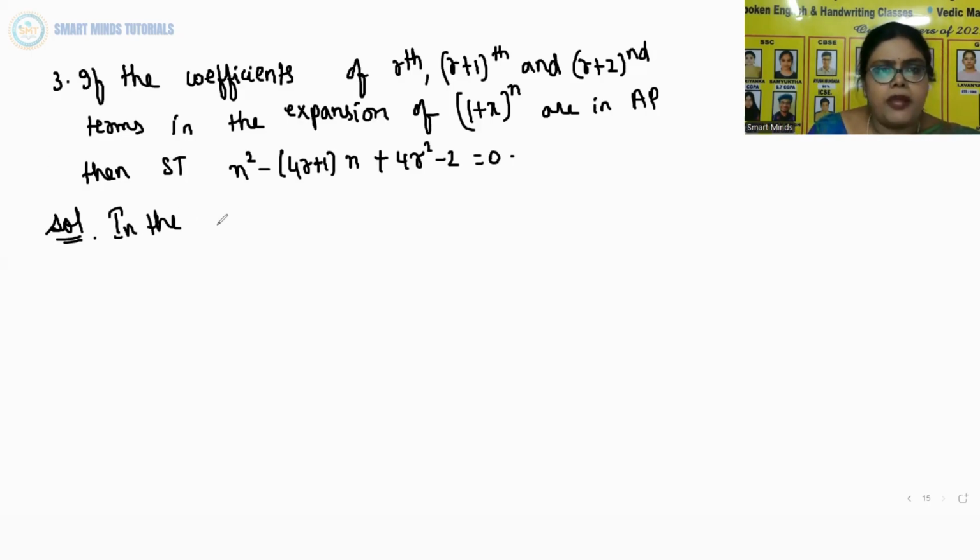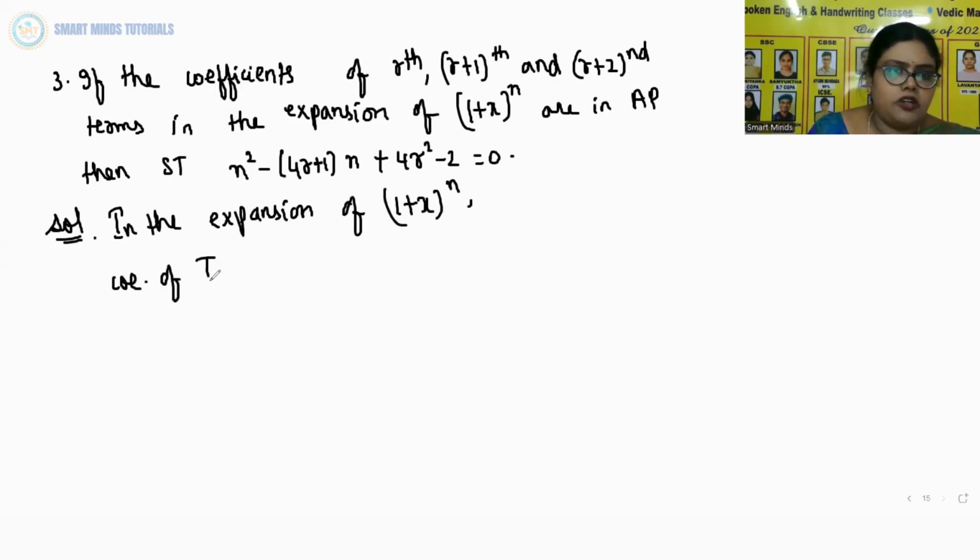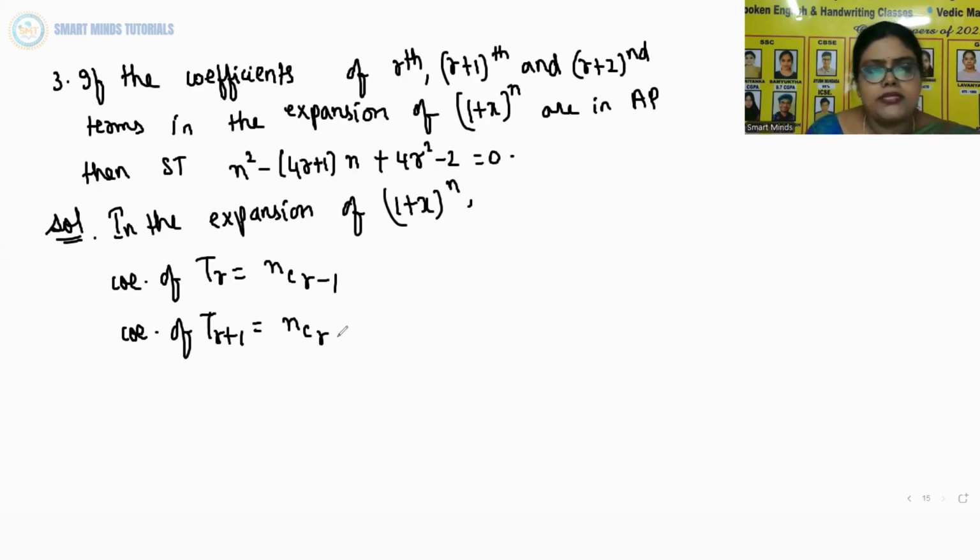Now see, in the expansion of (1 plus x) whole power n, the coefficient of T r is nC(r minus 1), the coefficient of T (r plus 1) is nCr, and the coefficient of T (r plus 2) is nC(r plus 1).